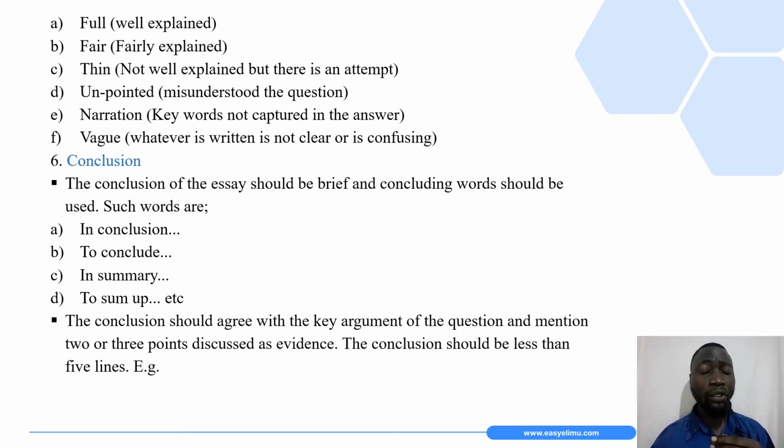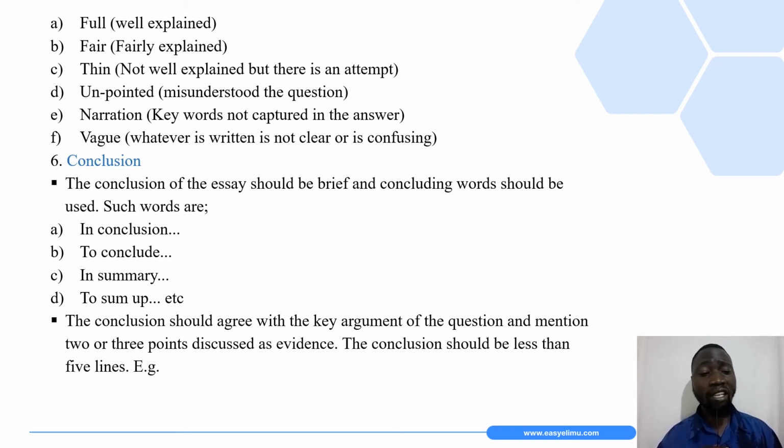So when you're given a vague, it means that as a student or as a candidate, you have not clearly read and understood the literary text. So we also have TE, that is when you cannot remember details from the story well. So you quote or use details that are not in the book.